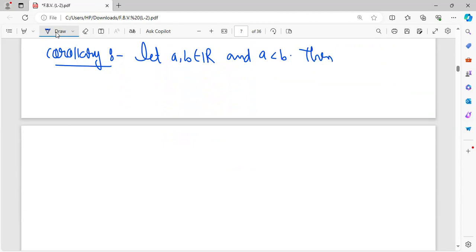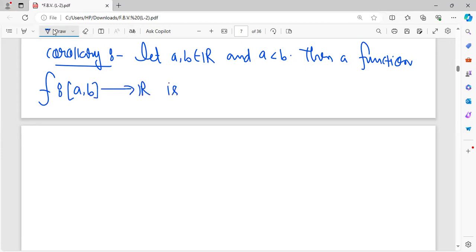Then a function f from closed interval [a, b] to R is constant if and only if total variation of f is 0.